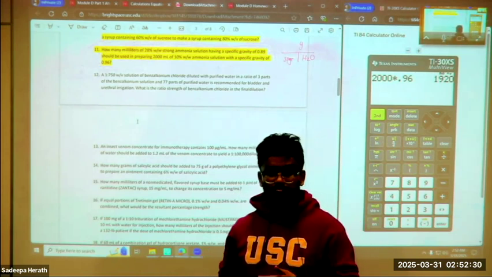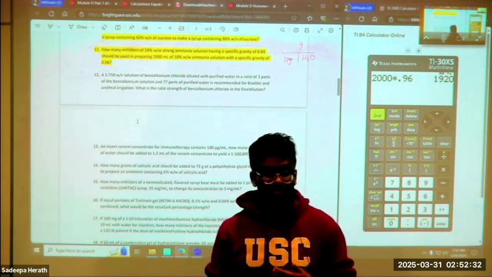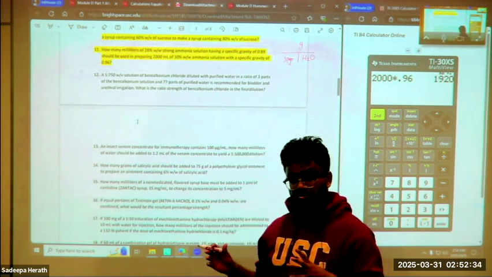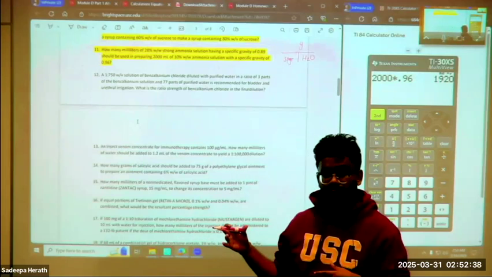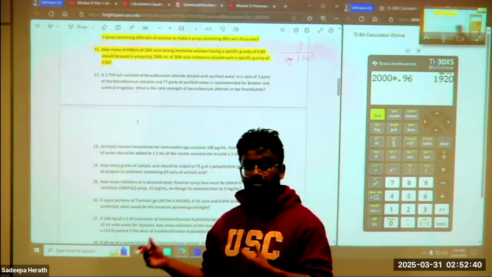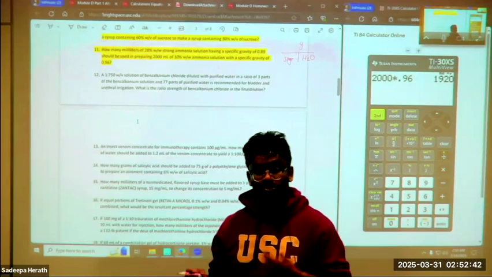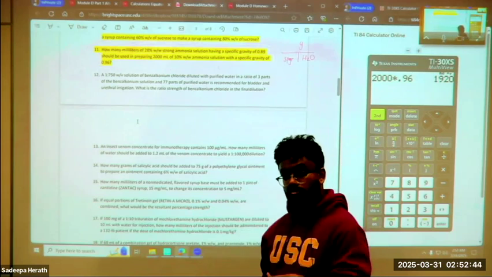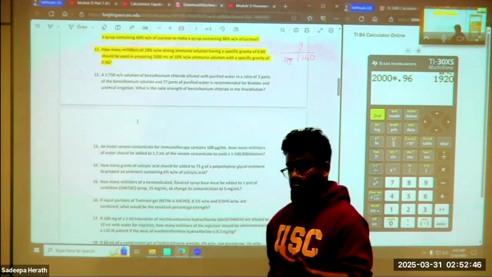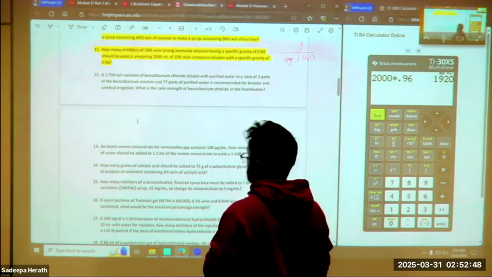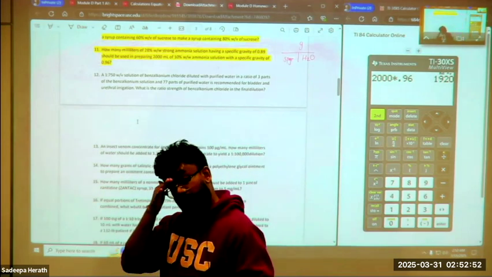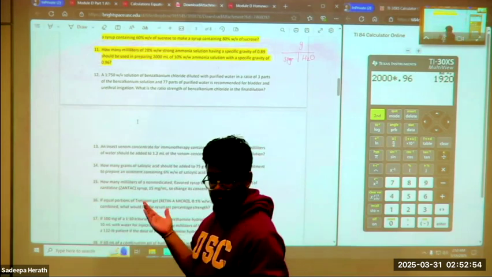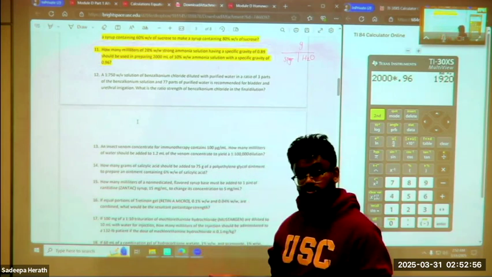It depends, and your density would be involved in that as well. That's the whole idea of specific gravity. In most cases it is H2O, that's why I write it as H2O. But for this example it doesn't really state, so we just go by solution.